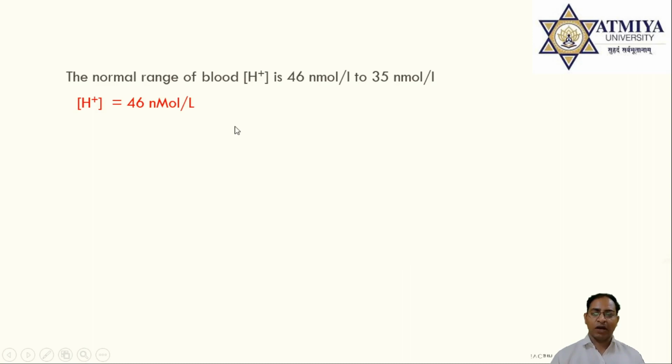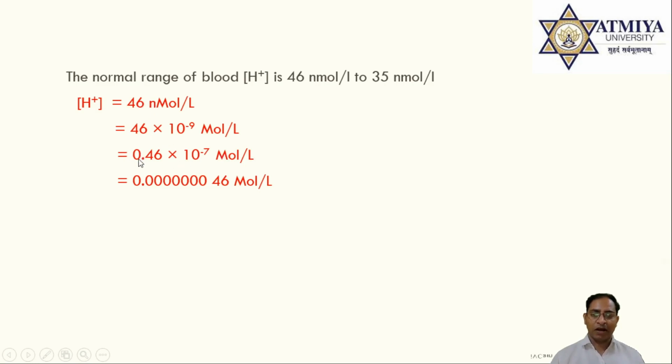If I want to write it in decimal form, I can write 46 times 10 to the power minus 9 mole per liter, because it was in nanomole per liter. To simplify further, I can write 0.46 times 10 to the power minus 7 mole per liter.